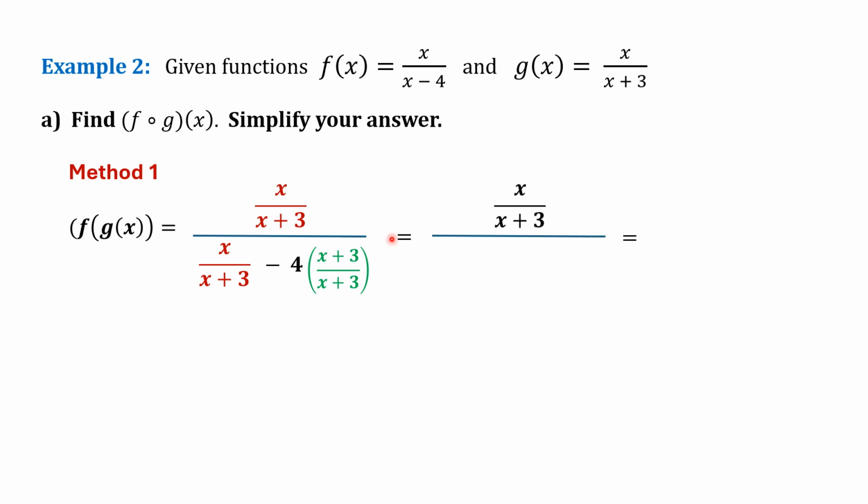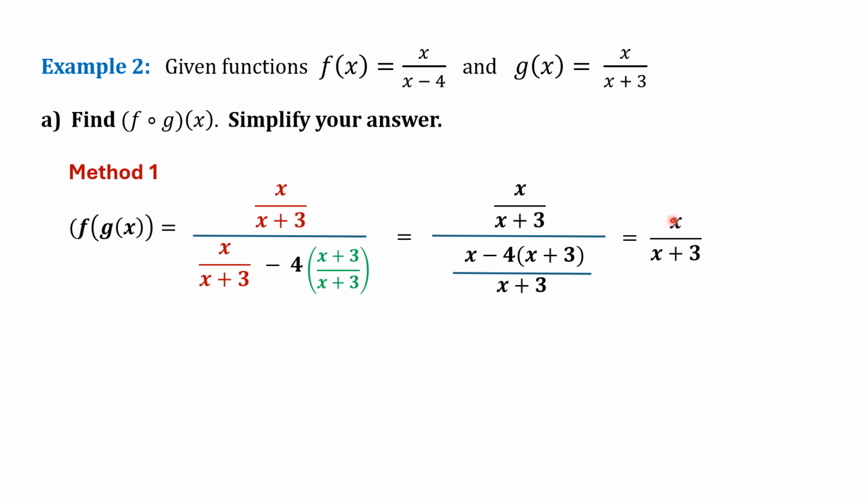So the numerator we will just copy, and for the denominator, since they now have the same denominator, we can write the denominator, which is x plus 3, and then we can now combine the numerators, which is x minus 4 times x plus 3. Since we can now see one fraction in the denominator and one fraction in the numerator, we can change this division to multiplication.